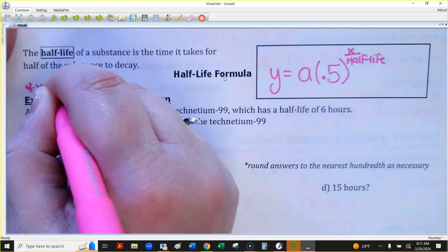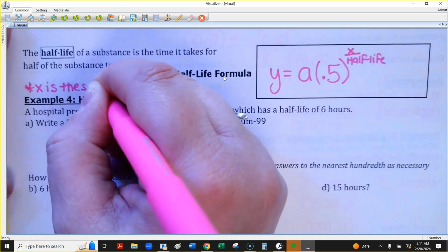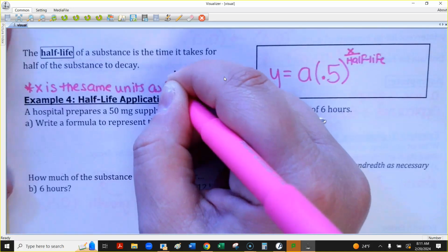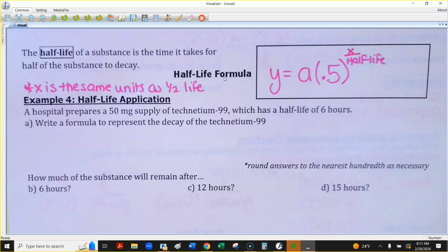X has to be the same units as the half-life. So if the half-life is in hours, then your X value has to be in hours. If the half-life is so many years, then the X has to be in years. So those two things have to be in the same units.